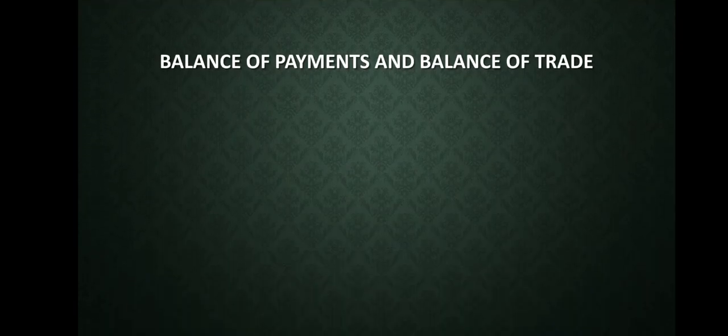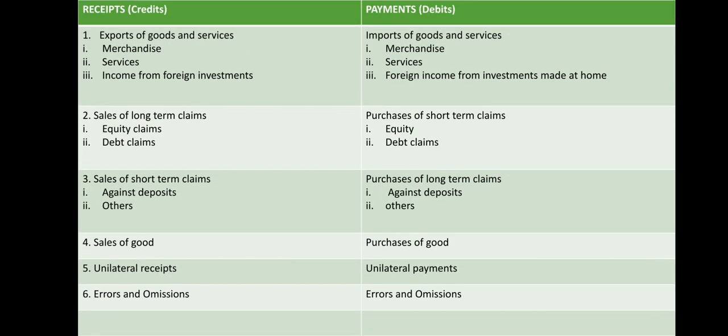In the balance of payment, a country's total exports of goods and services are the sources of receipts. In addition to this, it includes invisible services such as tourism, shipping, air transport, banking and insurance services, etc. Similarly, payments made to other countries for imports and other services are included on the payment side.